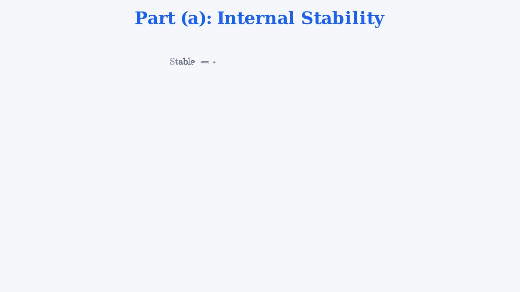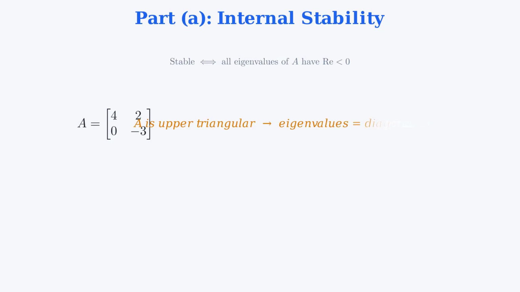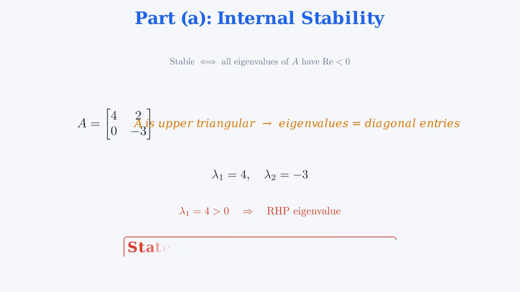A state space system is stable when all eigenvalues of A have strictly negative real parts. To find the eigenvalues, we would normally compute the determinant of sI minus A. But here A is upper triangular. The lower left entry is 0. For a triangular matrix, the eigenvalues are simply the diagonal entries.